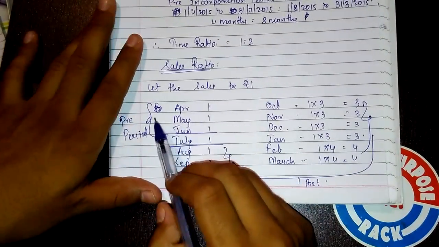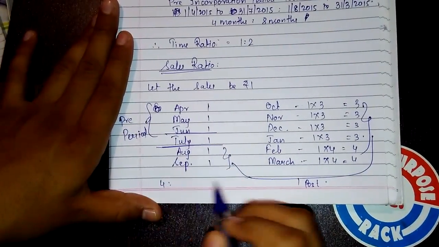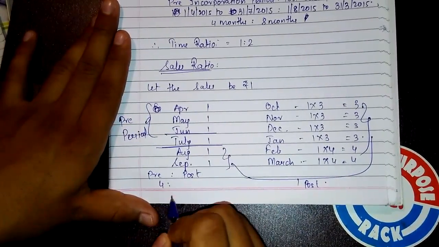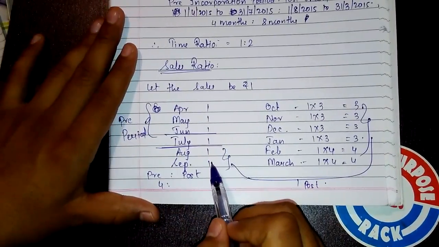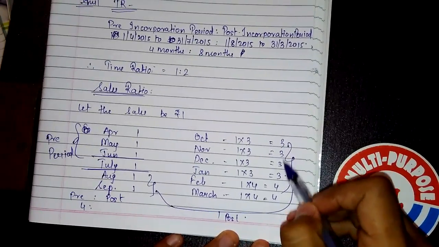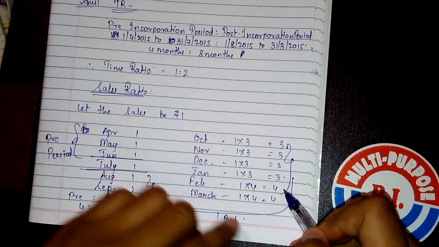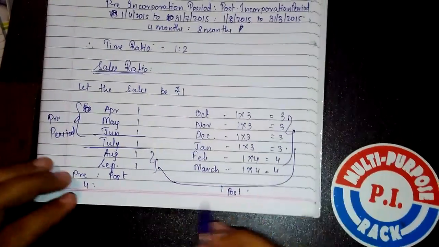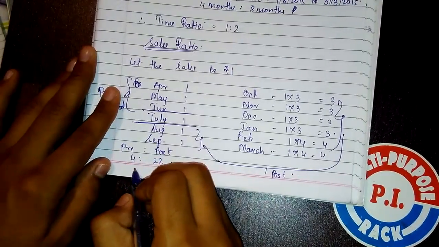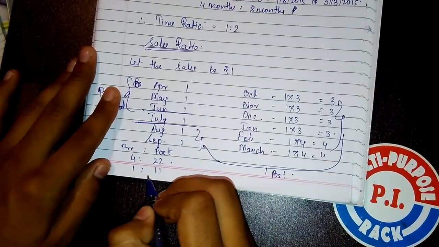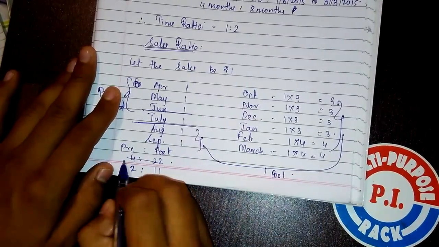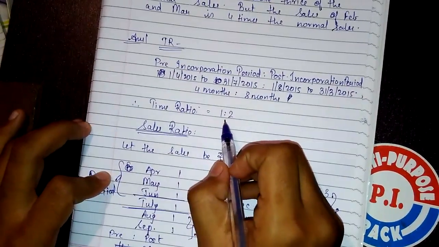So we'll calculate for the pre period it is 4, and for the post period we'll calculate 12. 3 fours are 12, 12 plus 2 is 14, 14 plus 8 will become 22. So this is 22, so 1 is to 2 is to 11. 2 is to 11 is the final sales ratio, and the time ratio is 1 is to 2.